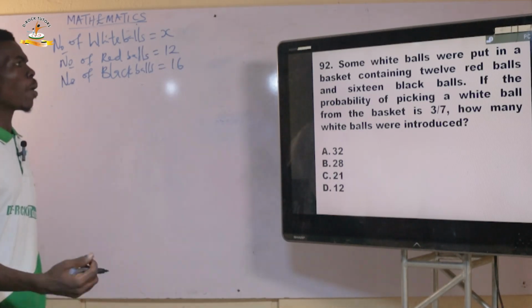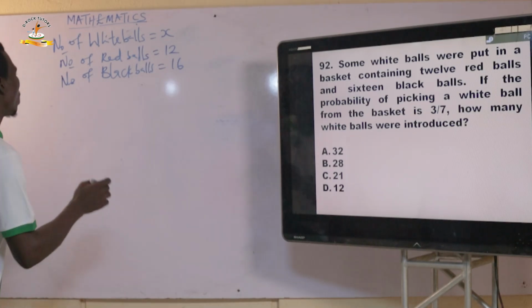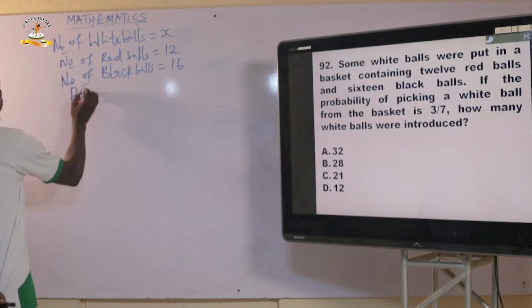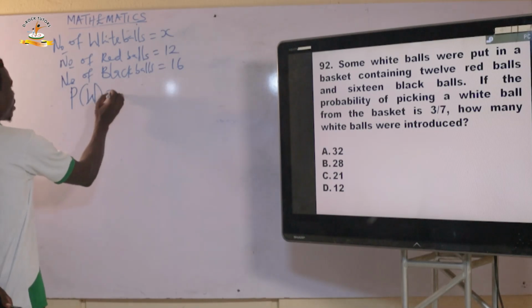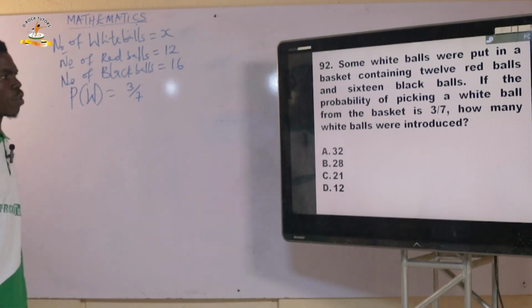The probability of picking a white ball from the basket is 3/7, so the probability of white, W for white, is equal to 3/7. Then how many white balls were introduced?